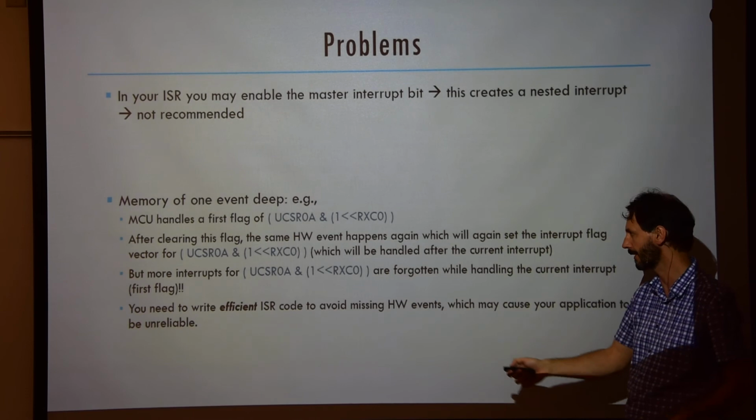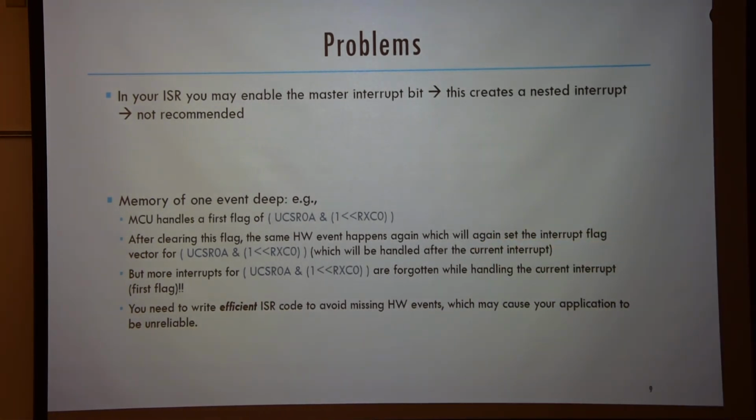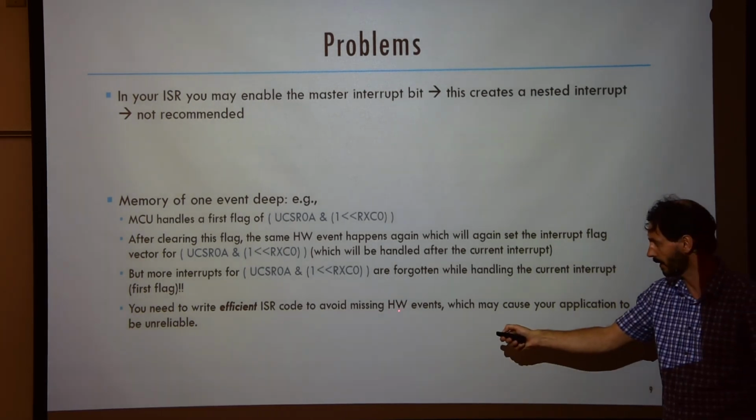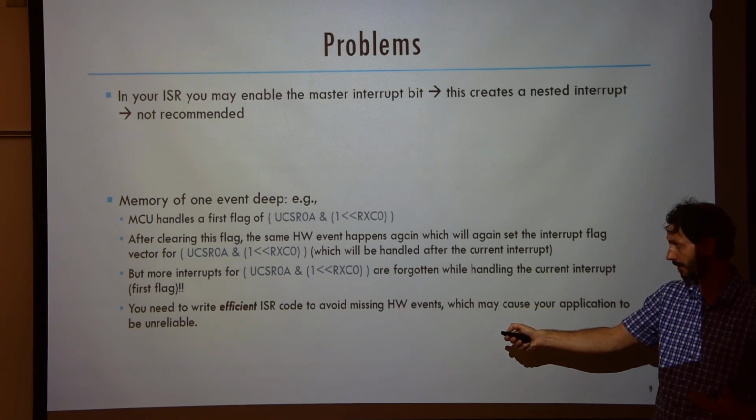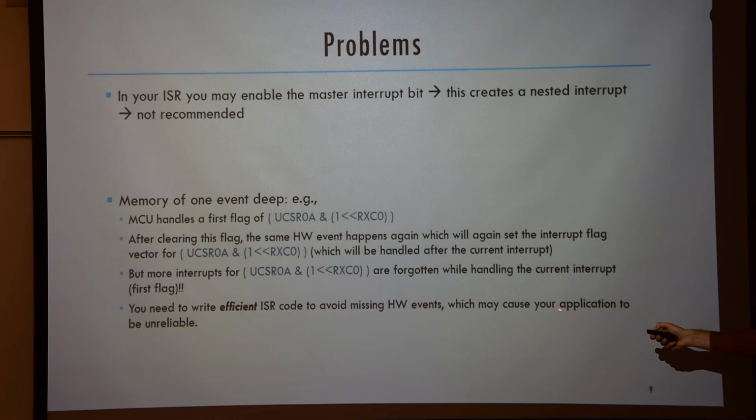So it's very important to write efficient ISR code, and it's really important for writing good MCU code. And so then you will not miss hardware events per se, right? You can keep on accumulating those, and that really defines the reliability of your application.